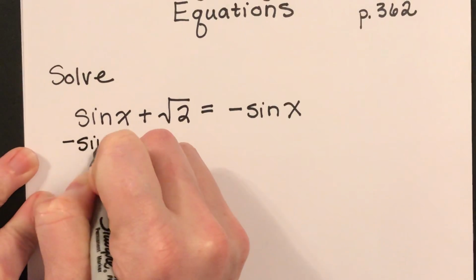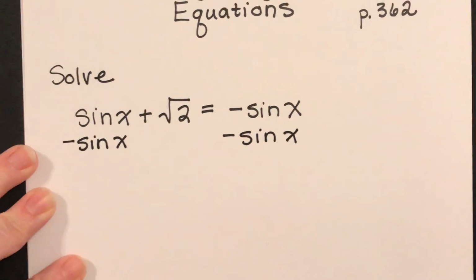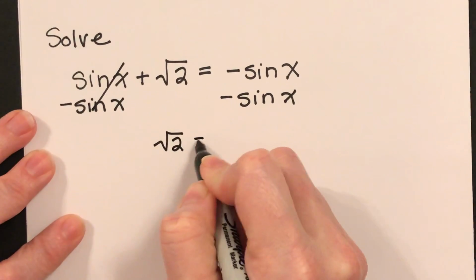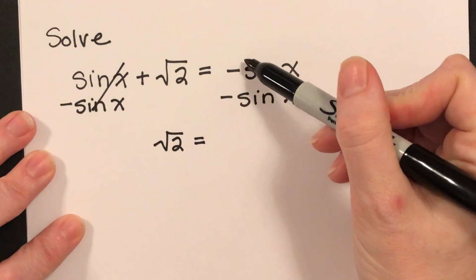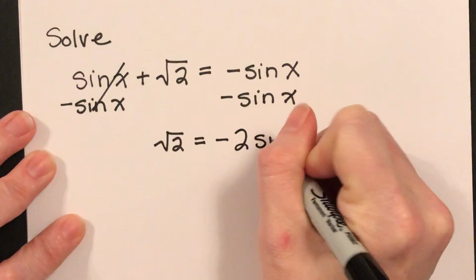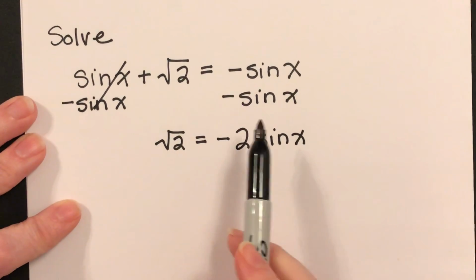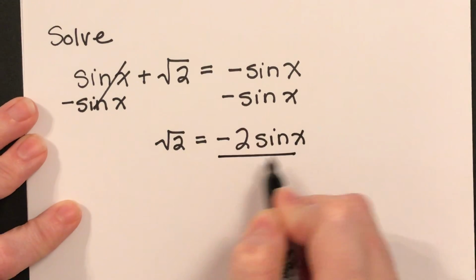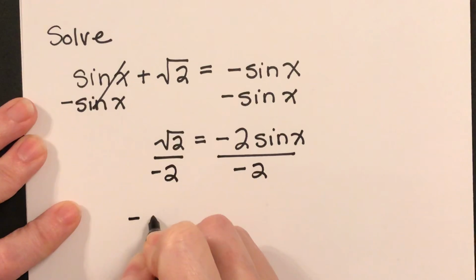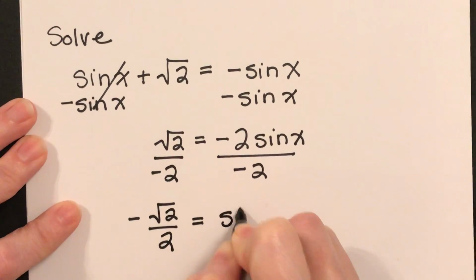So I'm going to subtract from both sides. I'm left with the square root of 2 equals negative 1 sine x minus 1 sine x, which gives me negative 2 sine x. Remember, my goal is to isolate sine x, so I'm going to divide by negative 2 on both sides. And I end up with negative square root of 2 over 2 equals sine x.